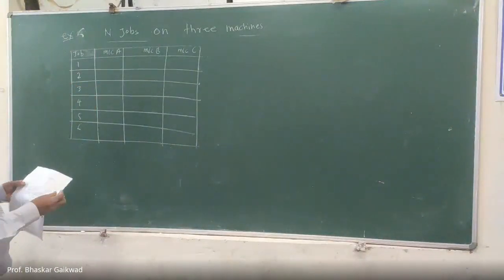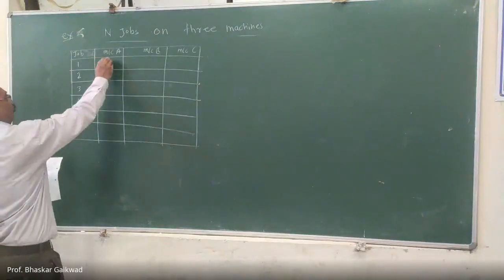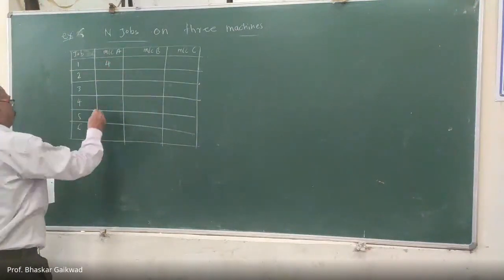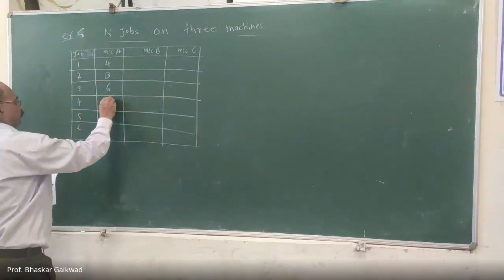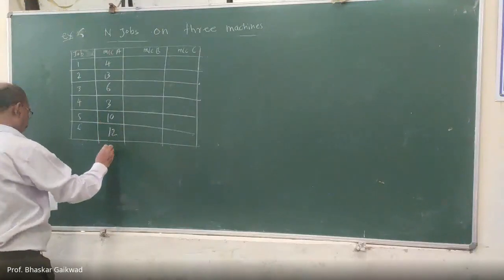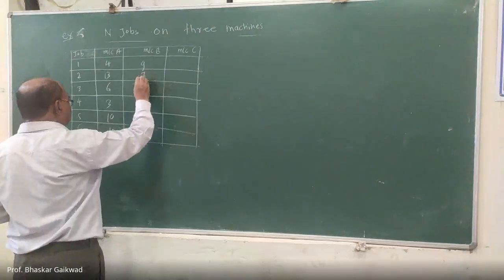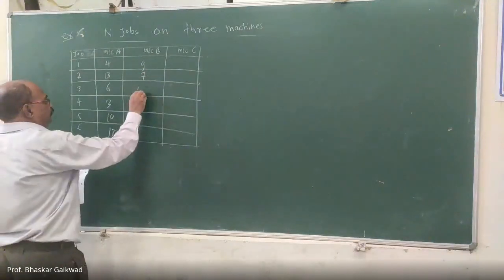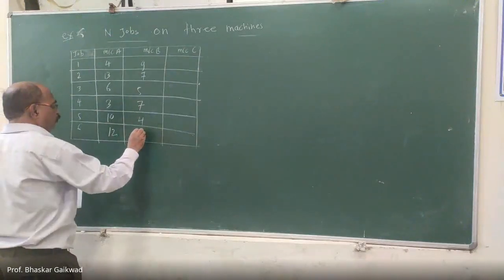Machine A: 4, 13, 6, 3, 10, and 12. Machine B: 9, 7, 5, 7, 4, 2.